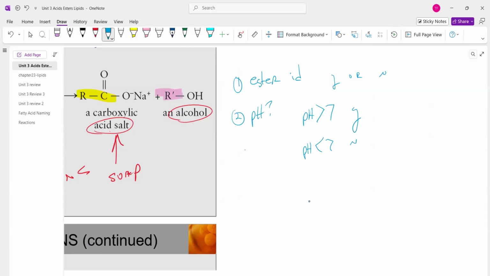The products are different also. In the case of saponifiable, you end up with the acid salt plus alcohol. In the case of an acidic environment, you end up with the acid plus the alcohol. Is that better? Yeah.